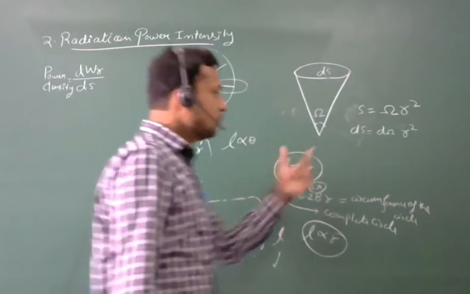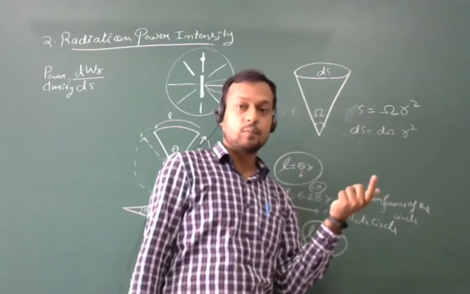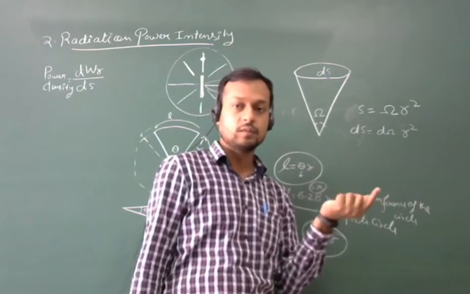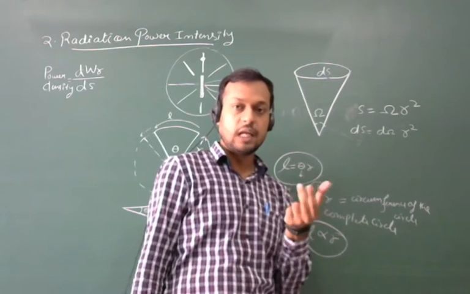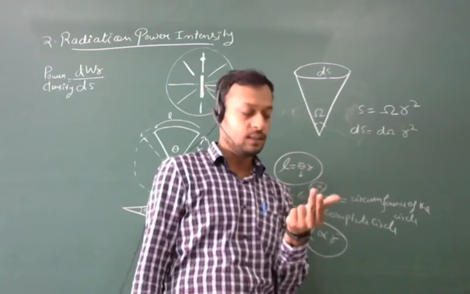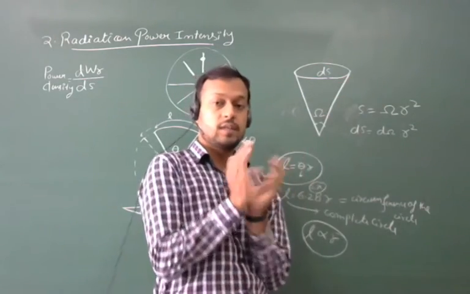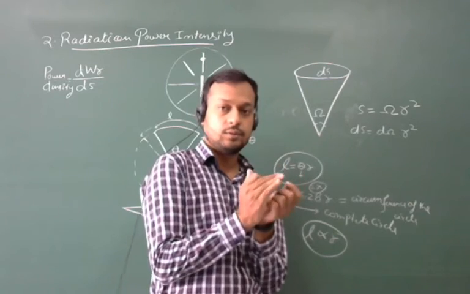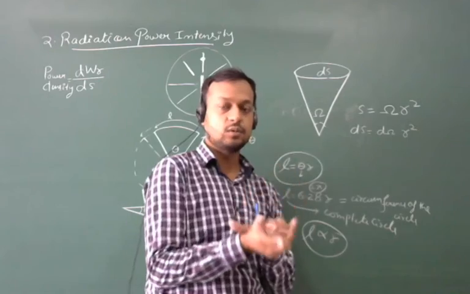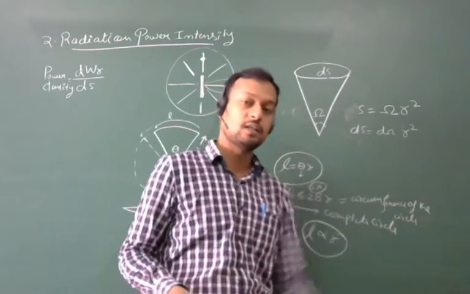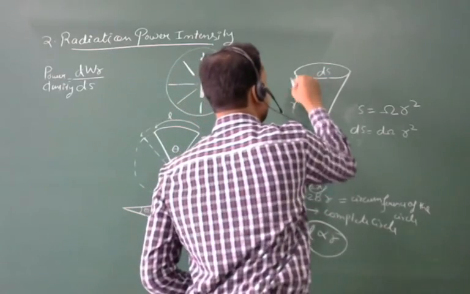One angle is proportional to R, and the other angle proportional to R, giving R square, the solid angle. So 2 dimension to 3 dimension, it will cover a surface area ds. So instead of a length L, it will become a surface, and this surface is obviously proportional to the R square of the radius.